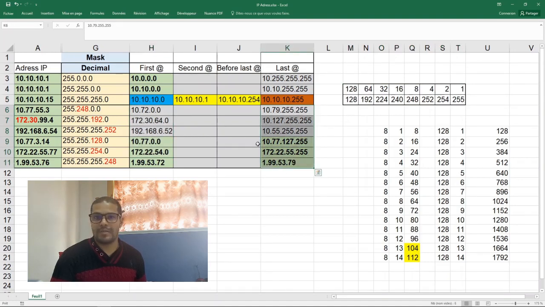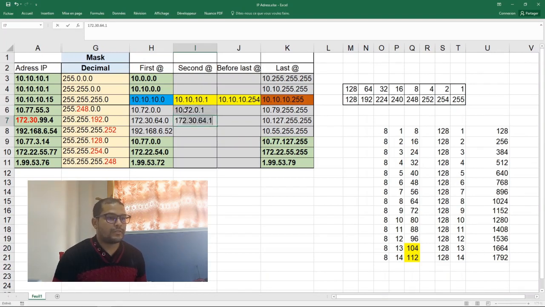Of course, the work is not done because we found only the network ID and only the broadcast ID. We need to define the first usable IP address and the last usable IP address. And this is done using the +1 and -1 from the IP addresses that we just found. Okay, let's do this quick. This address +1 is going to be 10.72.0.1.